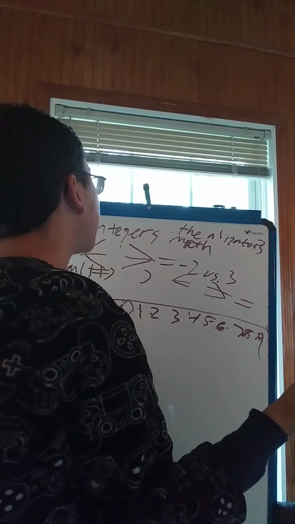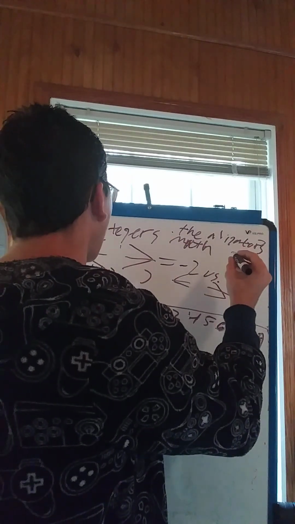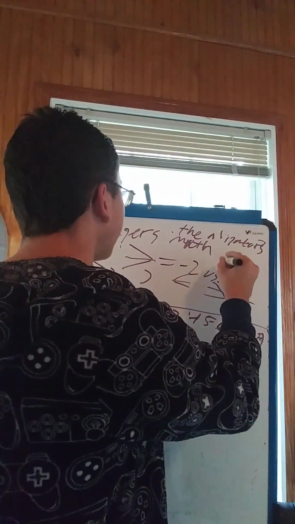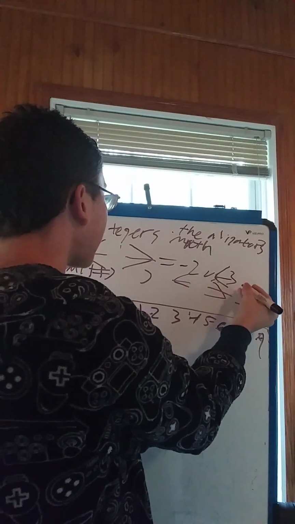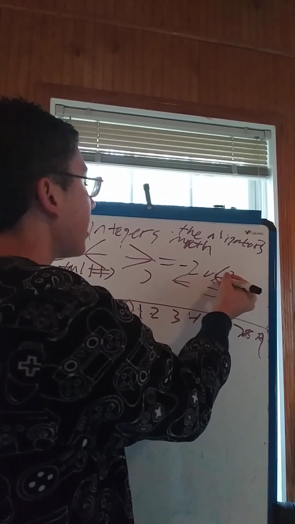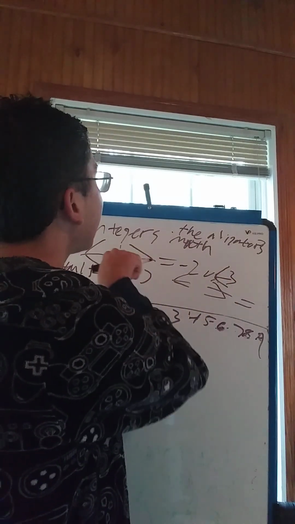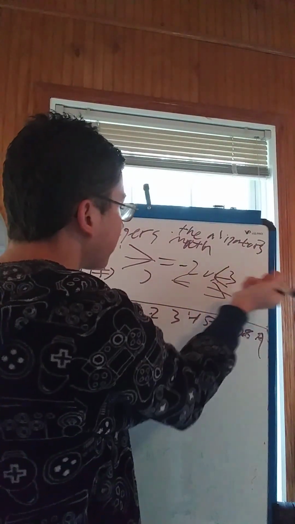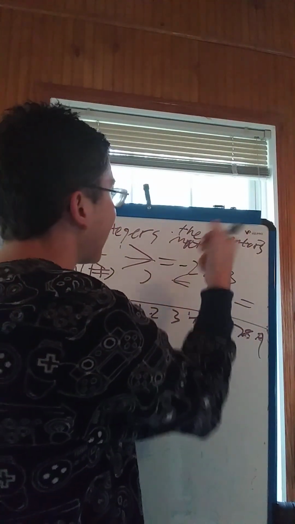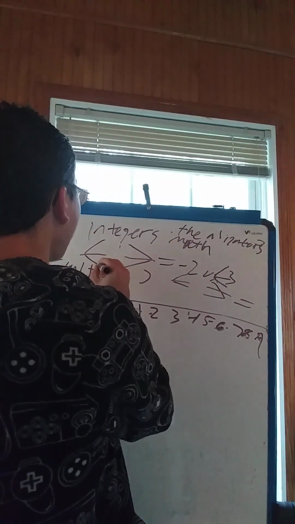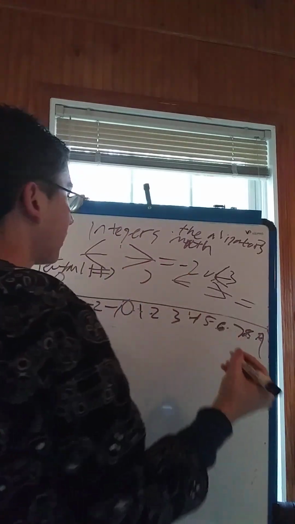So 3 is obviously a bigger number, so we would use this mouth here. So 3 is a greater number than -2. You can say that the mouth is eating in this direction, eating the 3, and I didn't turn it into a negative. So this mouth has to be eating the bigger number.